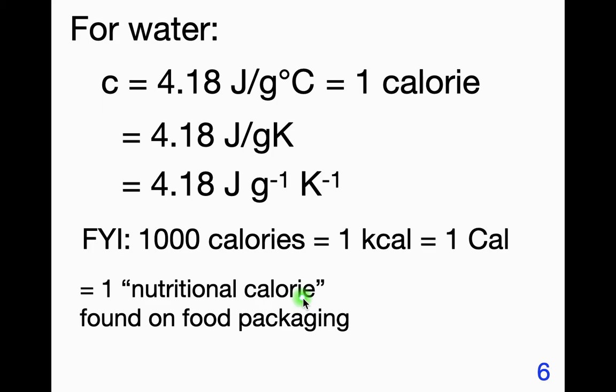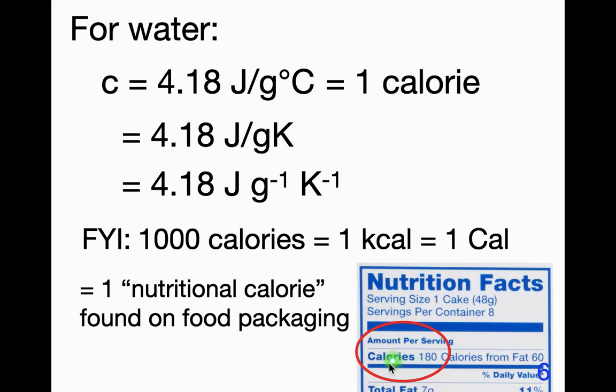Nutritional calories are the calories you're familiar with, found on food packaging. So if it says the calories is 180, well, it's not 180 of these calories. This definition, it would be 180,000 calories, because these are nutritional calories. 1 nutritional calorie is equal to 1,000 calories as we defined up here.